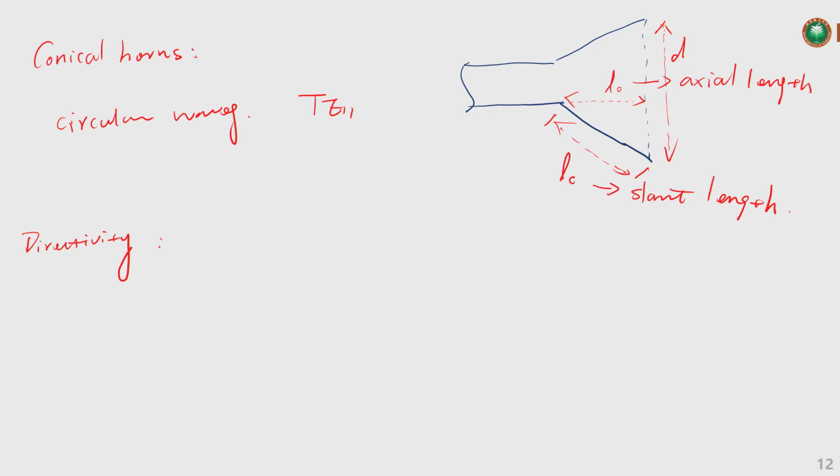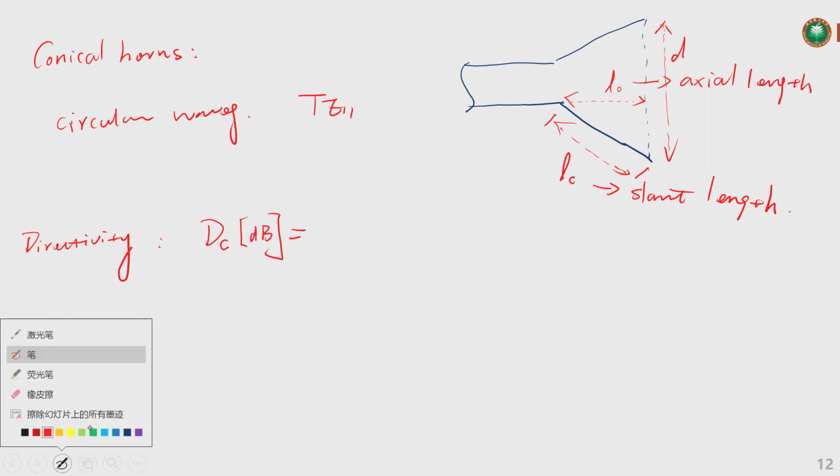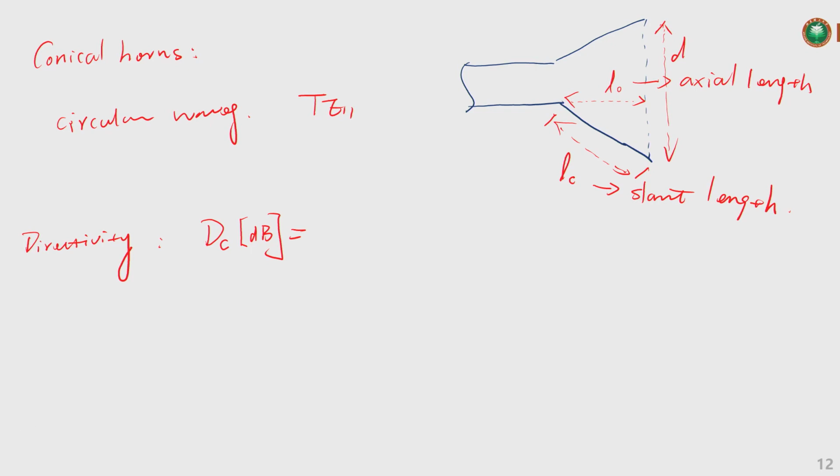Firstly, let's determine the conical horn. The directivity can be expressed as 20 log10 of πD over lambda minus a correction constant.